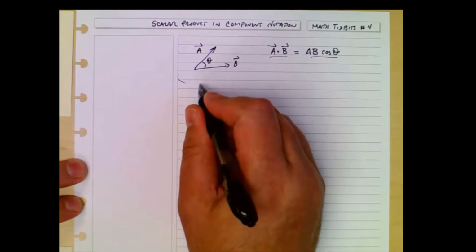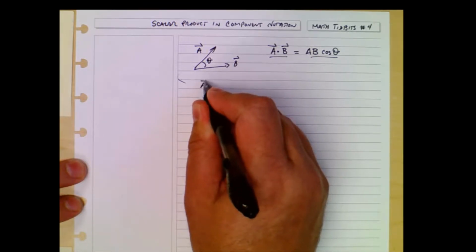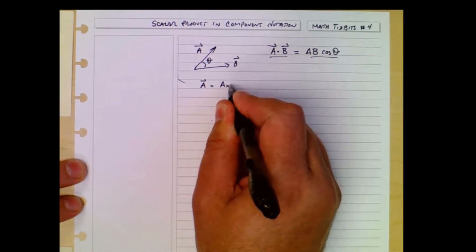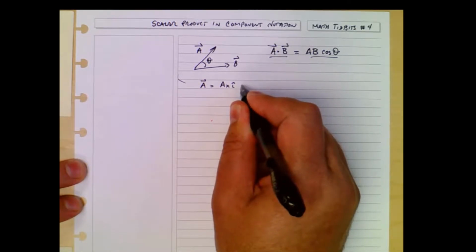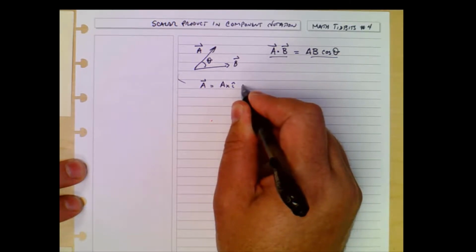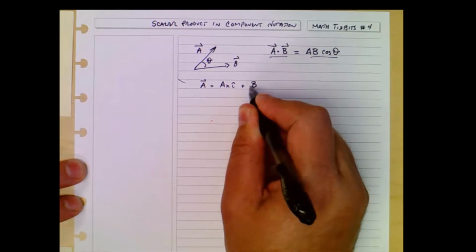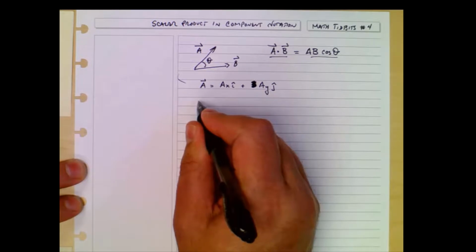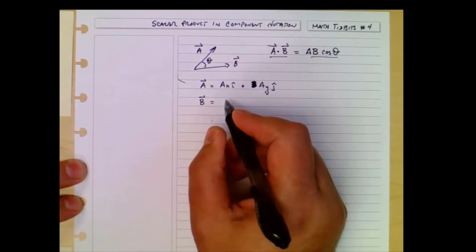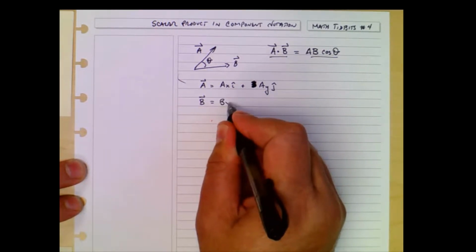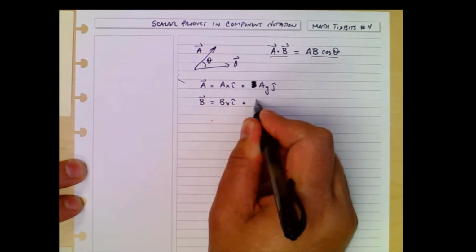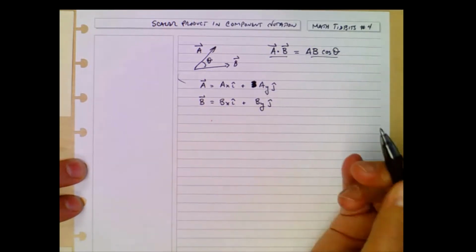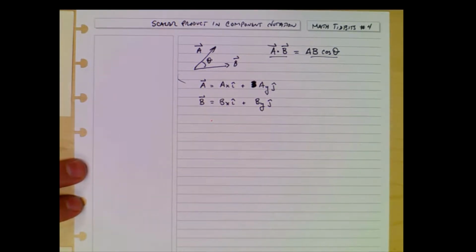Now, however, now that we have a means of writing down in component notation these two, A and B, as ax i hat plus ay j hat and bx i hat plus by j hat, we have another way of expressing the scalar product between these two vectors.